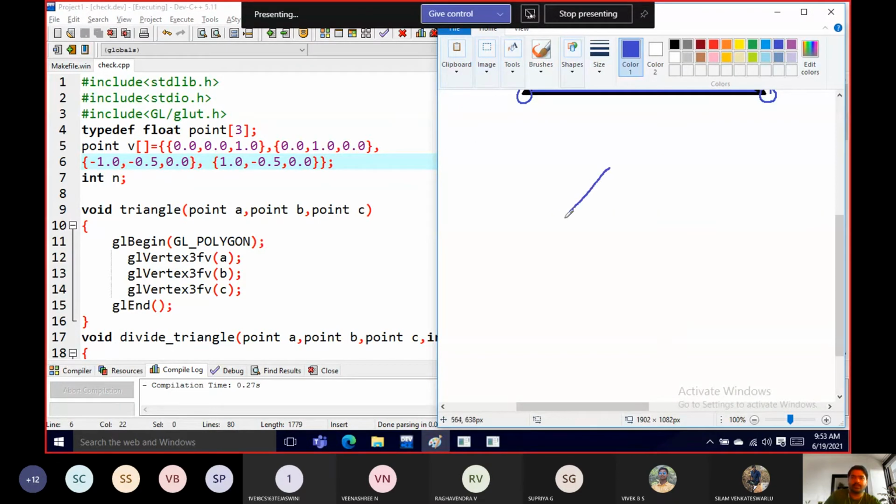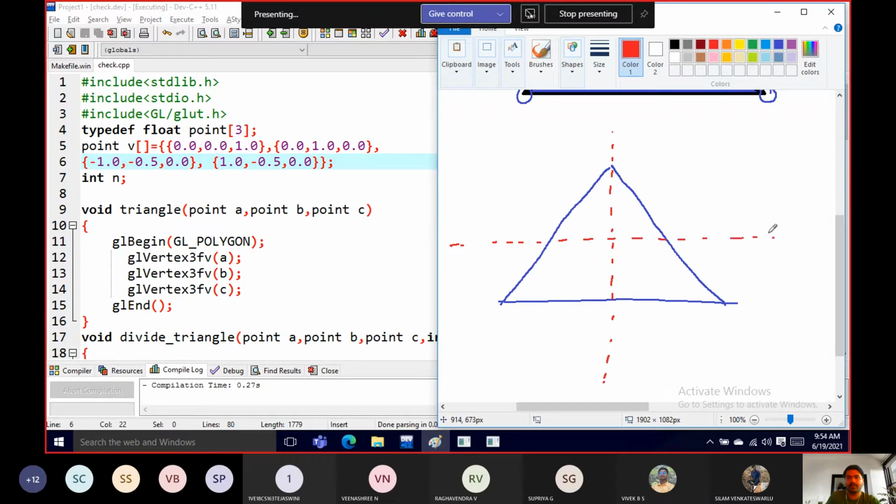I'll draw it with a bigger triangle, just as a blueprint. So this is my x-axis, this is my y-axis, and the z-axis is in this way, parallel to your view. So that will be the z-axis.